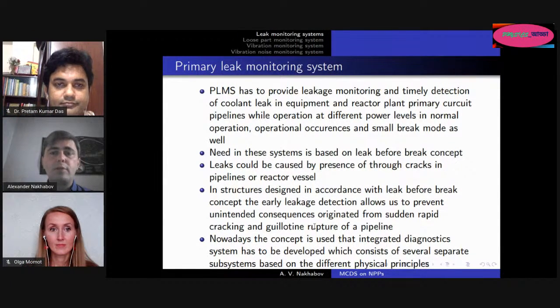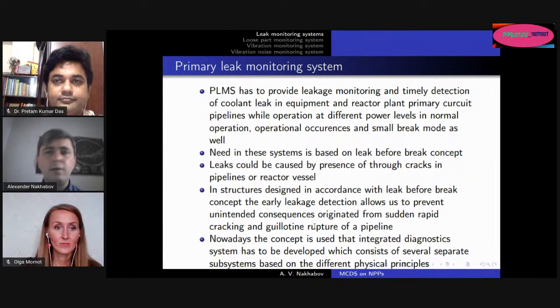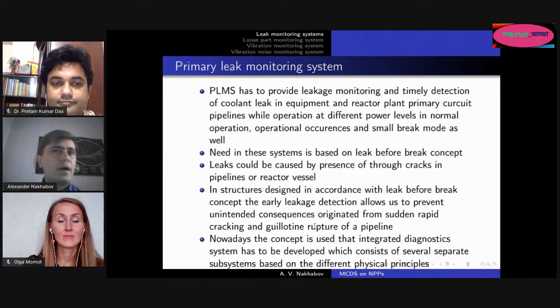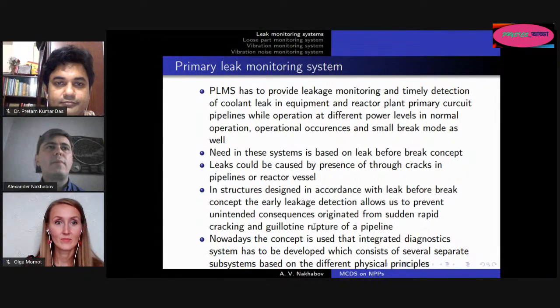So in one moment, the whole pipeline just cracks in two parts, and in this case, of course, we can speak only about some mention of accident, because no prevention action is possible in this situation.